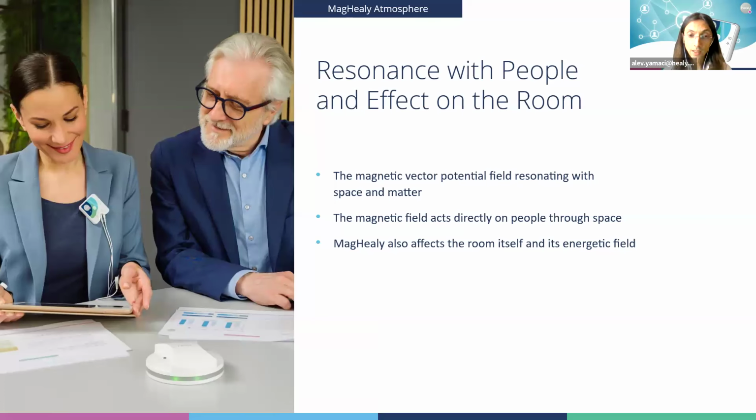And that's what you do with the atmosphere programs. You don't usually have a direct effect on the body, but a direct effect on the whole energetic field of the room. I mean, bioenergetic more applies to living organisms, but the energetic field of the room.